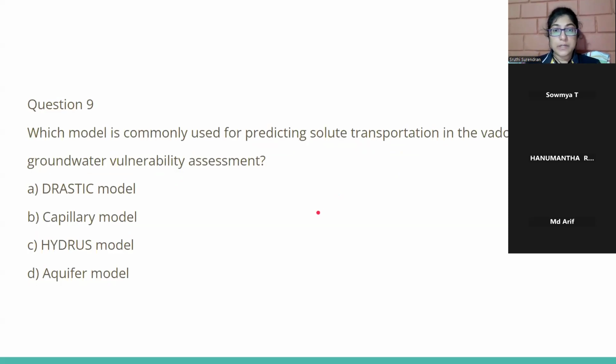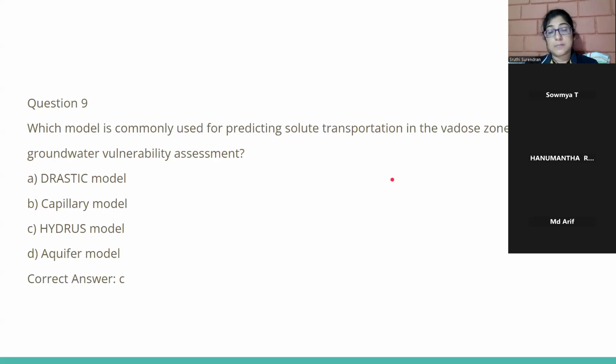Which is used for predicting solute transportation in the Vadose zone for groundwater vulnerability assessment? So it is Hydrus model.